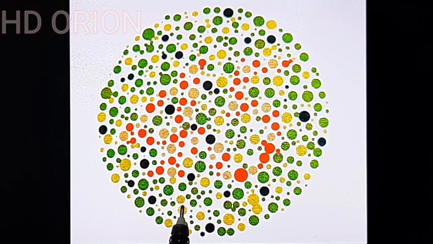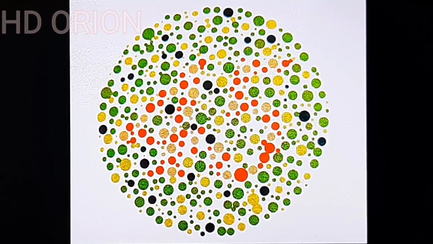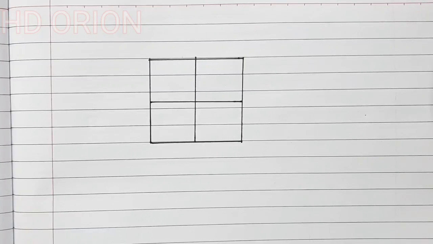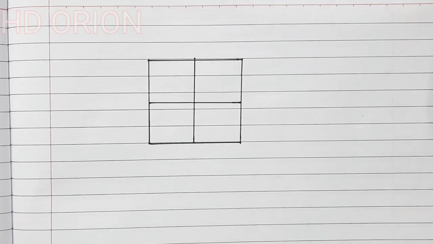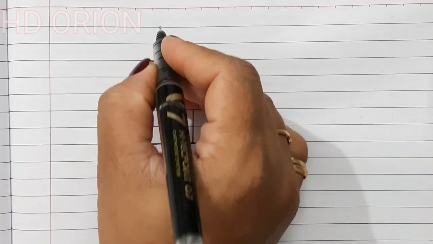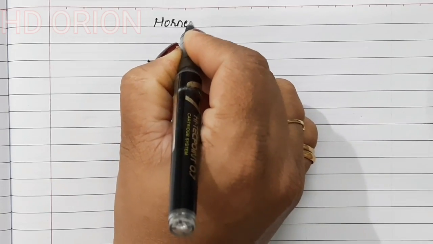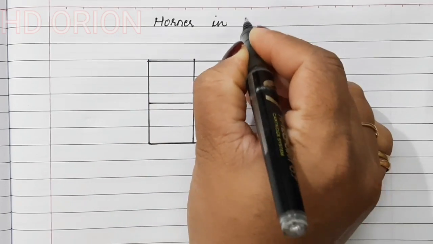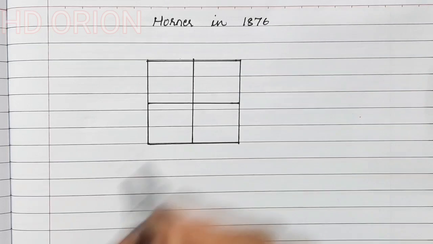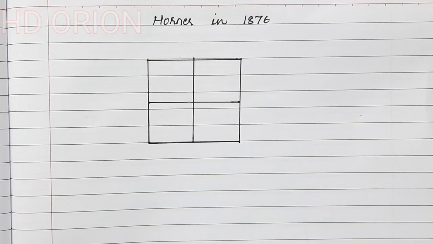In this one it is 45 and in the previous one it was 74. Color blindness was first studied by Horner in 1876. Let us study color blindness inheritance by two examples.